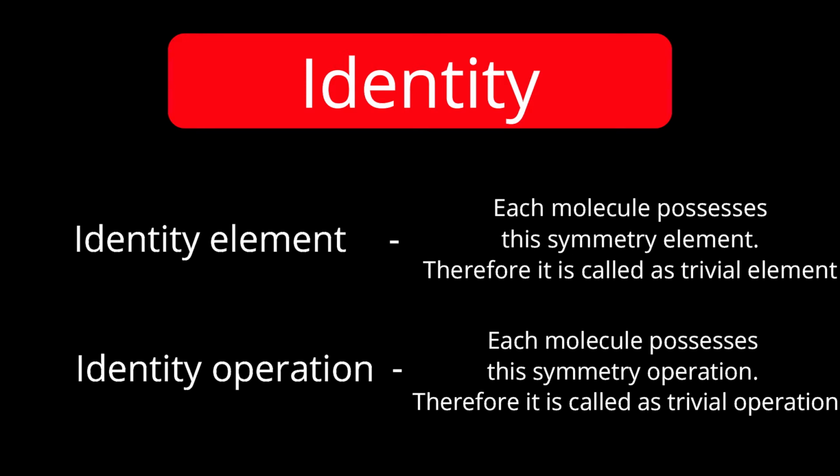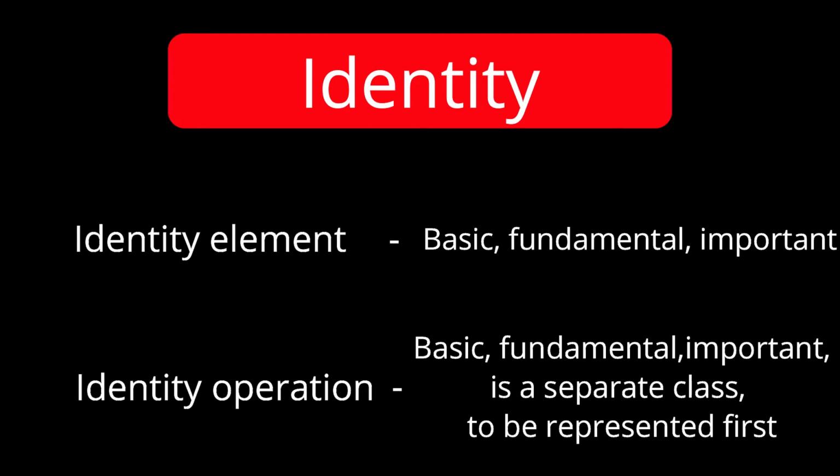Since it is present in all molecules, it is called a trivial element, or the operation is called a trivial operation, because of its existence in every molecule. It is a basic fundamental element or operation.